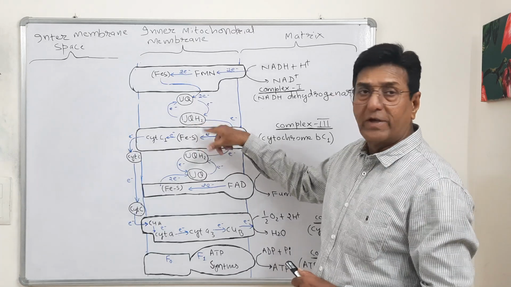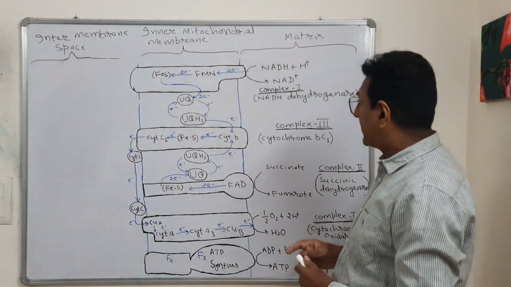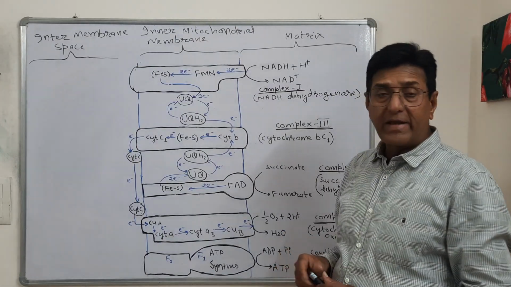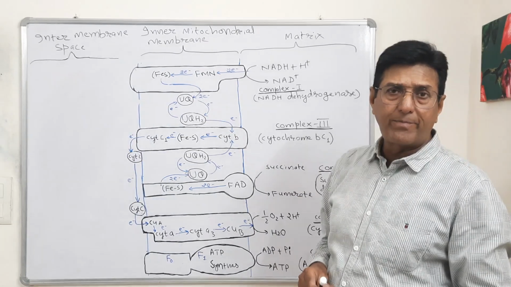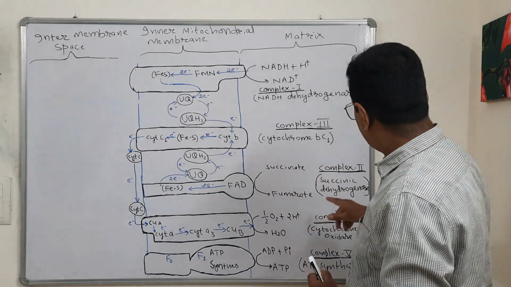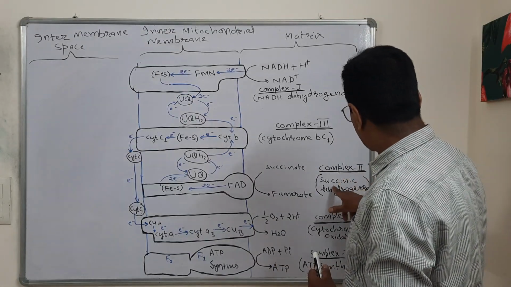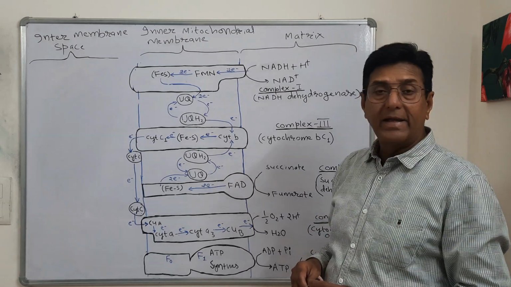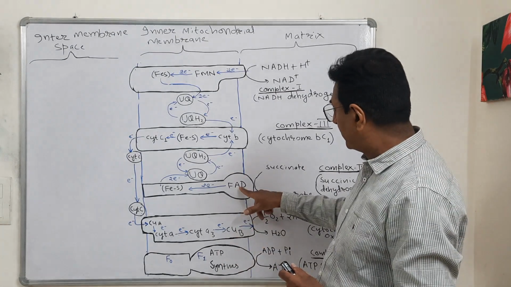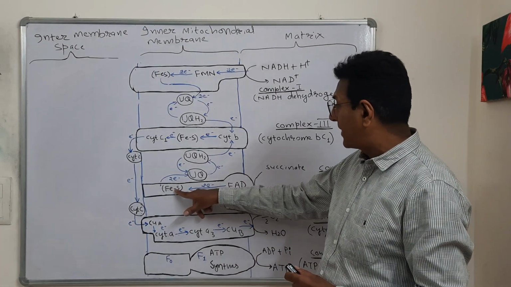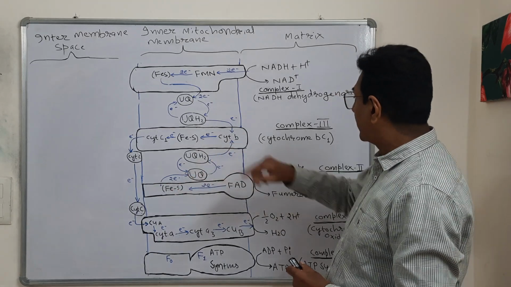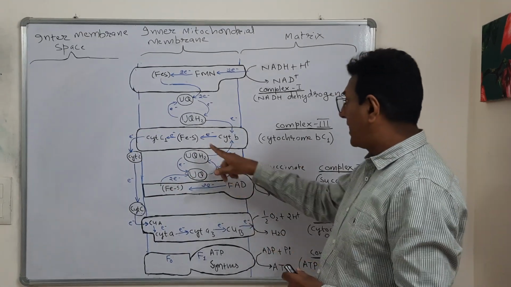Ubiquinol is UQH2, and in the same way, when FADH2 enters into the process, it gives its electron to complex second, succinic dehydrogenase, and in complex second the electron moves from FAD to iron sulfur complex and then to complex third via ubiquinol.